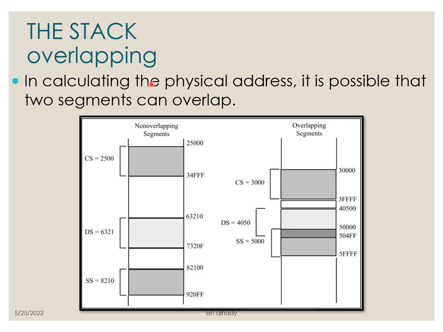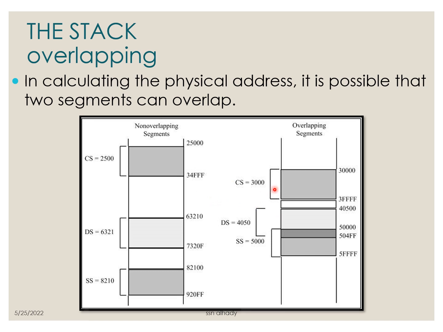So in calculating the physical address, it is possible that two segments can overlap. Look here, this is not an overlapping segment. If you have a code segment of 2500, then you have 6321, so the low range and high range are not overlapping each other.